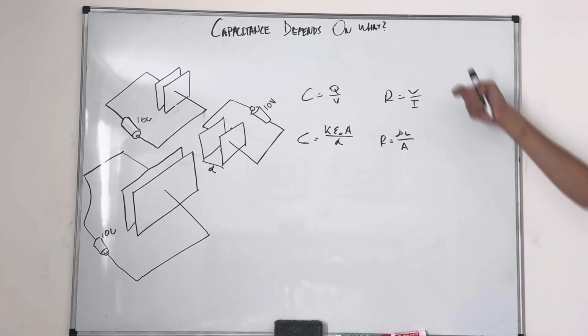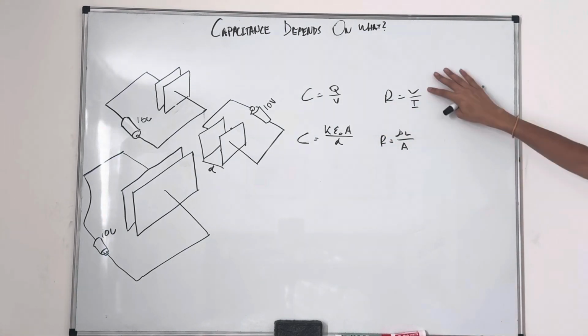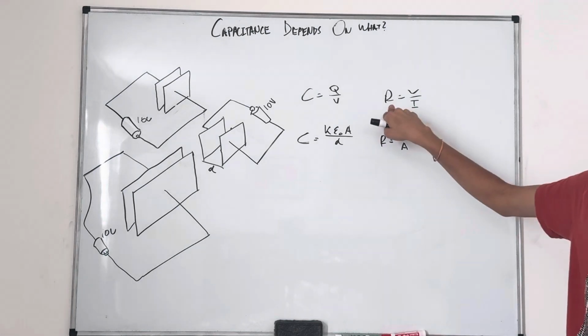Doubling the voltage doesn't double your resistance, because doubling the voltage really doubles the current. Two times the voltage, two times the current, resistance stays the same.